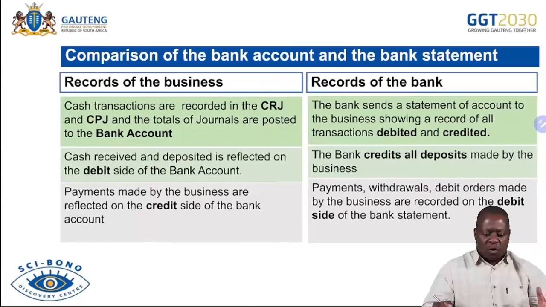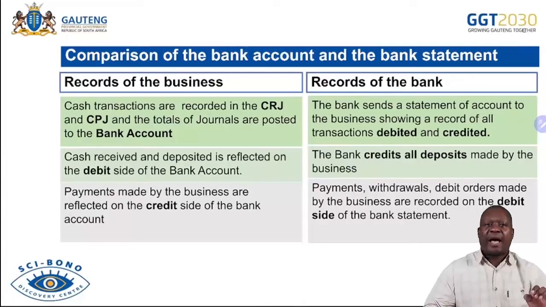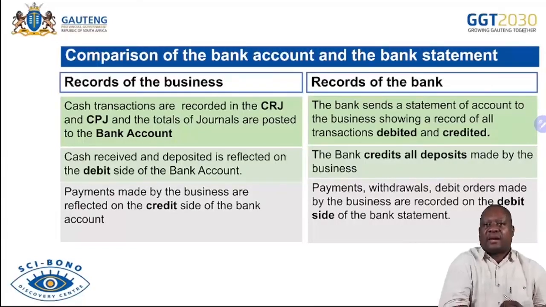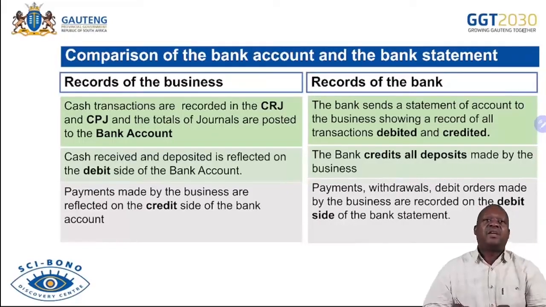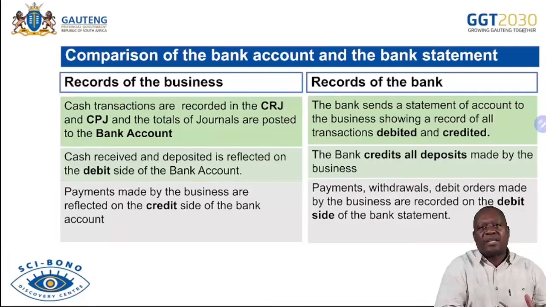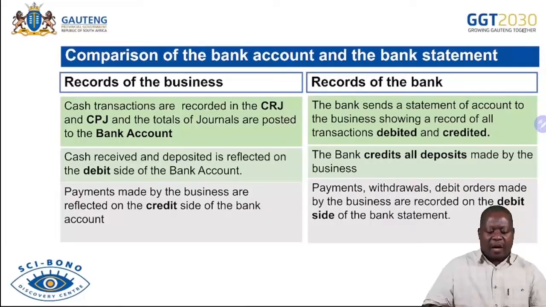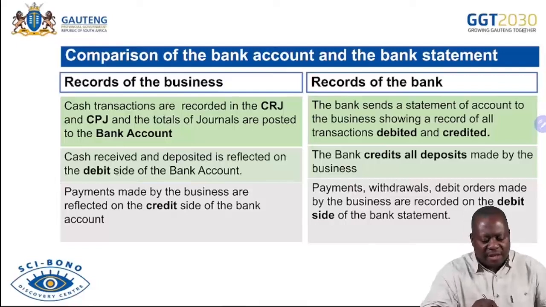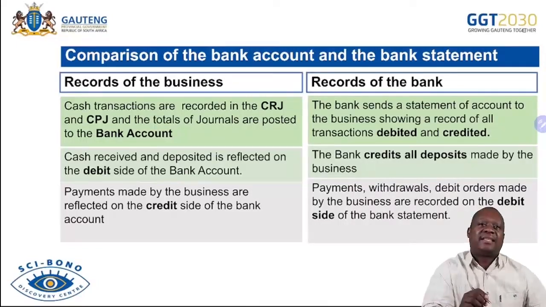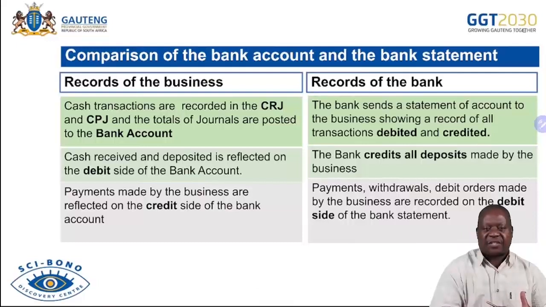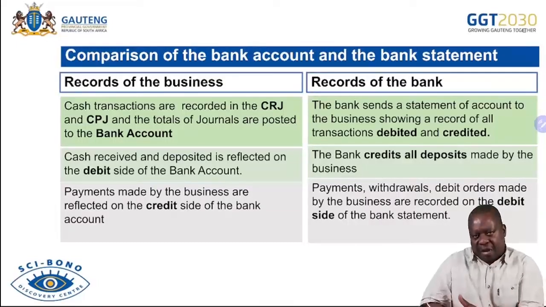Now, let's look into a comparison of how information appears on the business records versus on the bank records. So we have records of the business and records of the bank. When we are in the business, cash transactions are recorded in journals, and these are the CRJ and the CPJ. Those are the two journals in which we record all our cash receipts as well as cash payments.